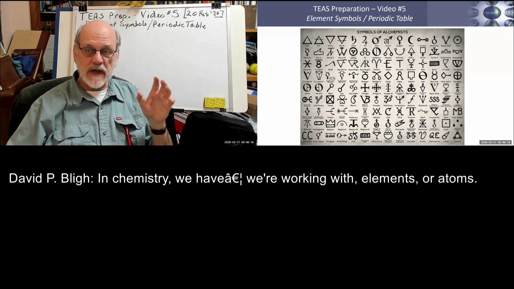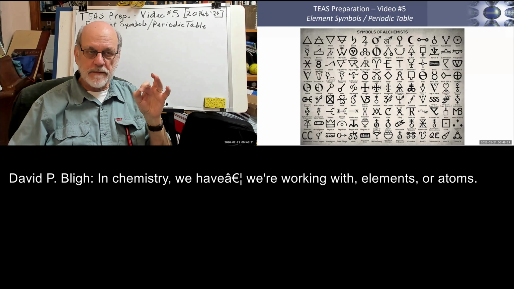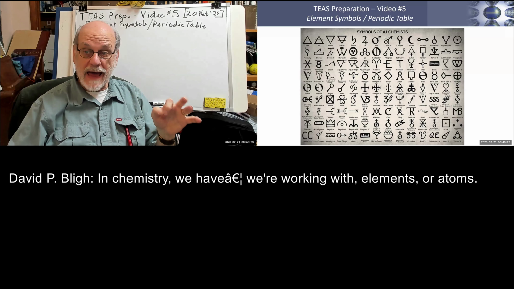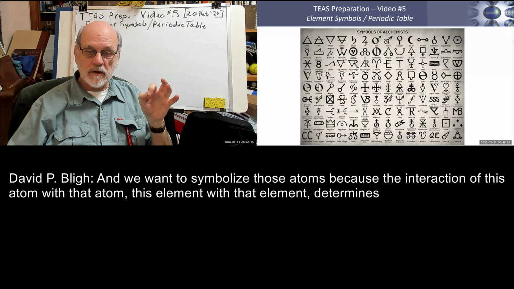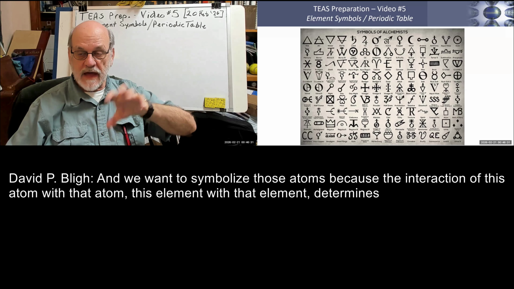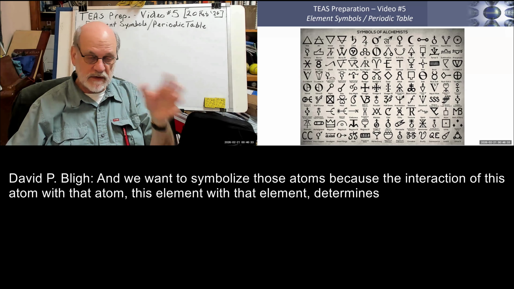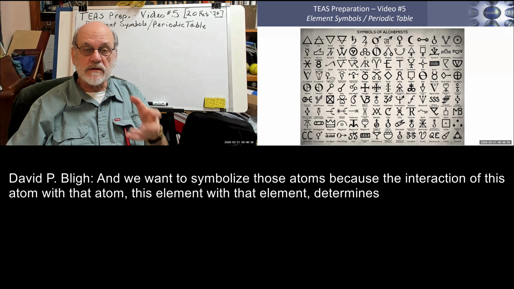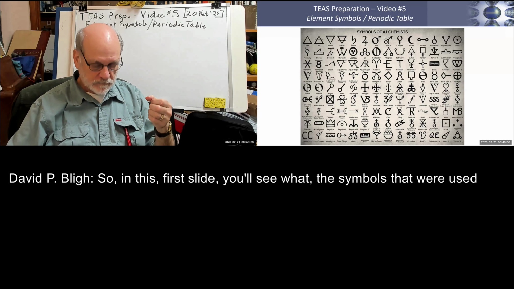In chemistry, we're working with elements or atoms, and we want to symbolize those atoms because the interaction of this atom with that atom, this element with that element, determines chemistry.